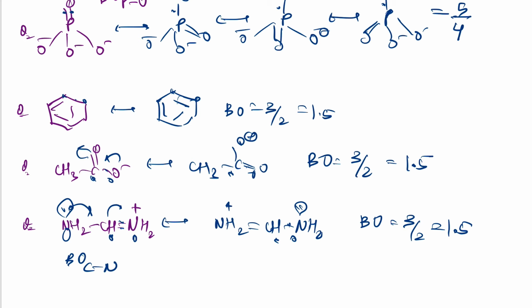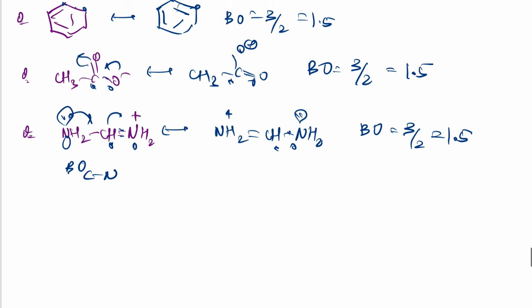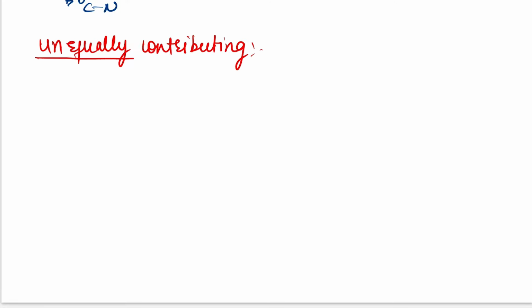So finally we have done that. We have calculated the bond order in equally contributing structures. That is done. Now what about unequally contributing resonating structures? The second question arises: what about unequally contributing resonating structures?